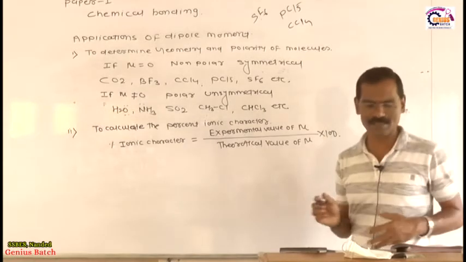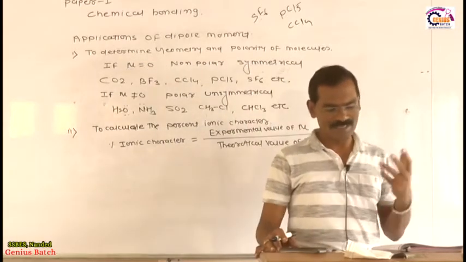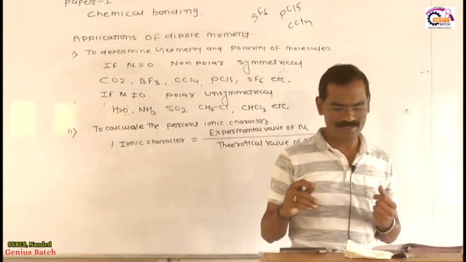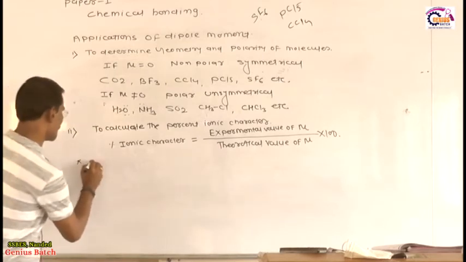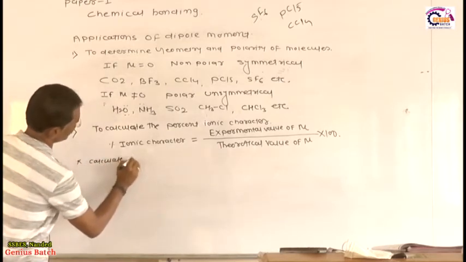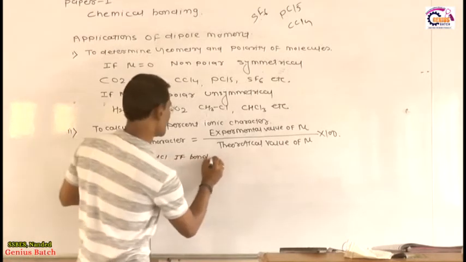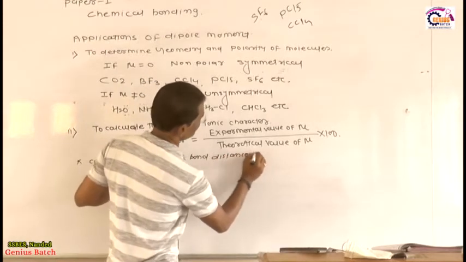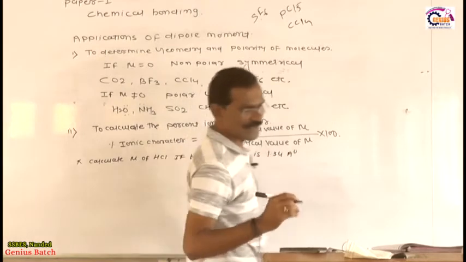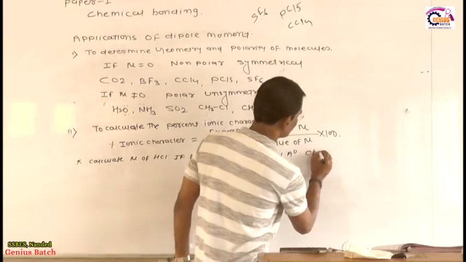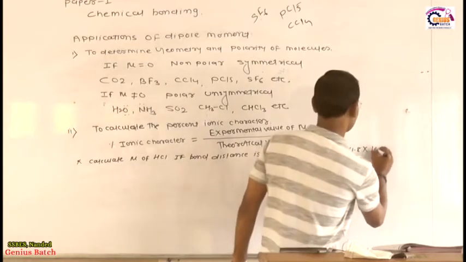On the basis of this formula, I will give you one problem. Listen very carefully, and write it down in your notebook. Calculate the mu of HCl if the bond distance is 1.34 angstrom, and the charge is 4.8 into 10 raised to minus 10 ESU.